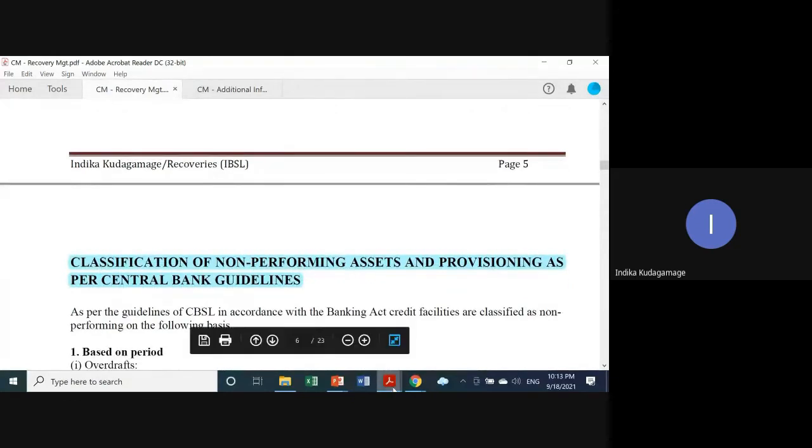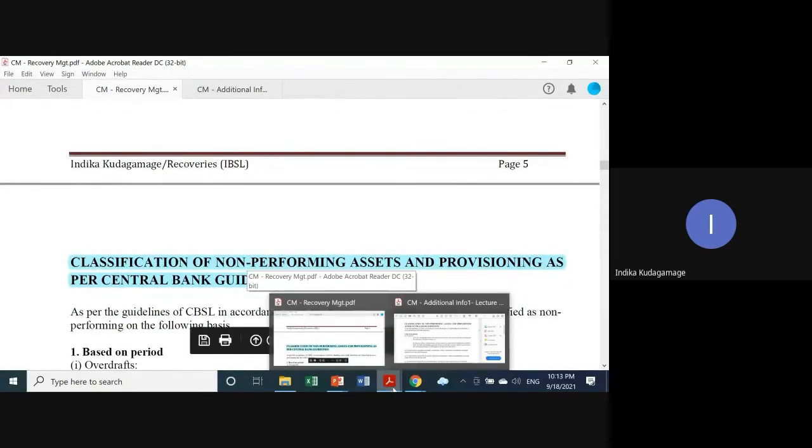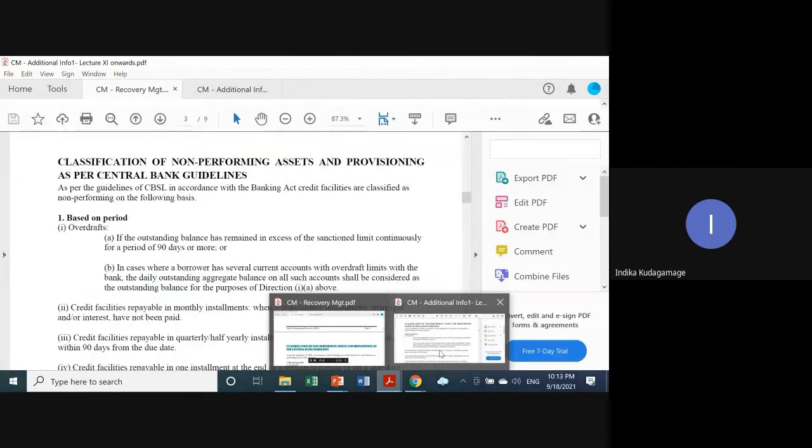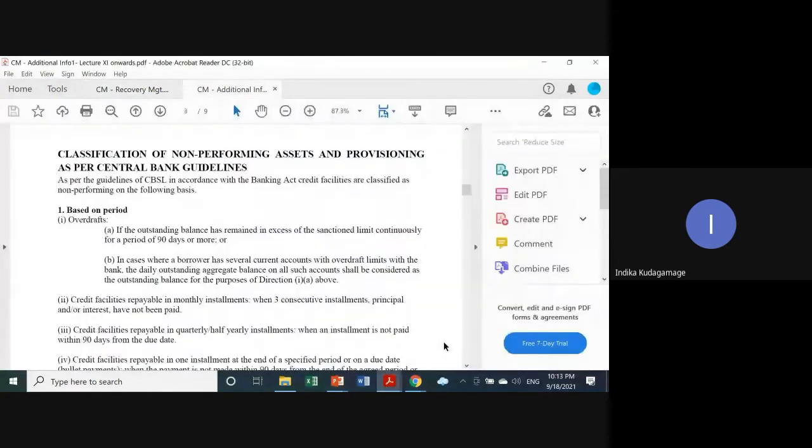Then we will go to this handout, the additional information handout, right? We were having the regular portfolio, then we came to the arrears portfolio. Under the arrears portfolio, if the customer is 1 day, 2 days in arrears, that is liquidity risk.